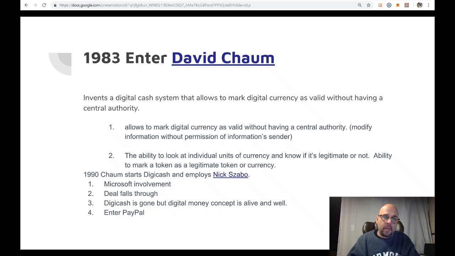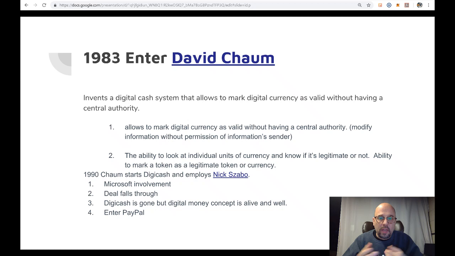It was using signatures and some other things, but in essence it allowed you to mark digital currency as valid without a central authority. So it allows us to modify information without the permission of the information sender, basically.